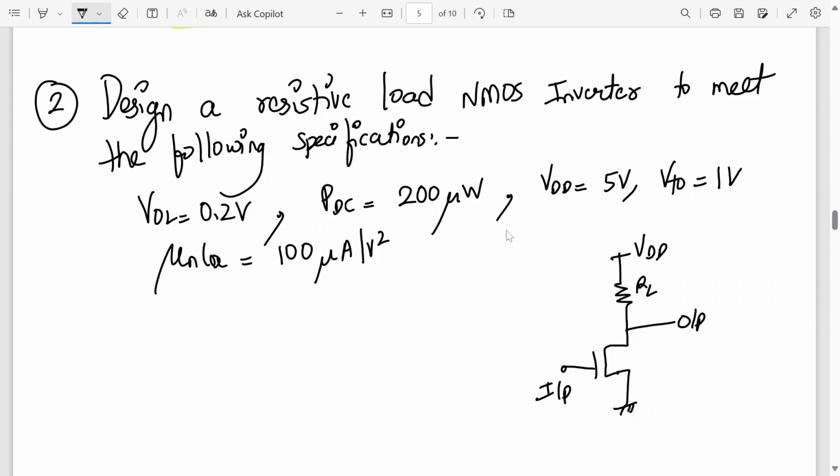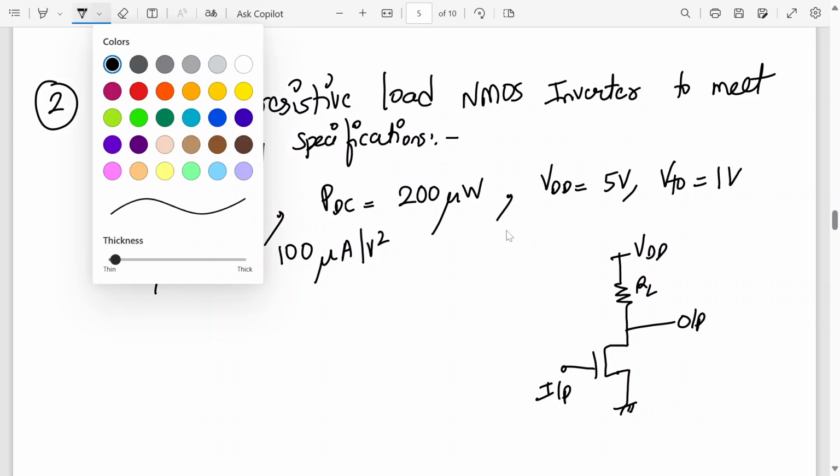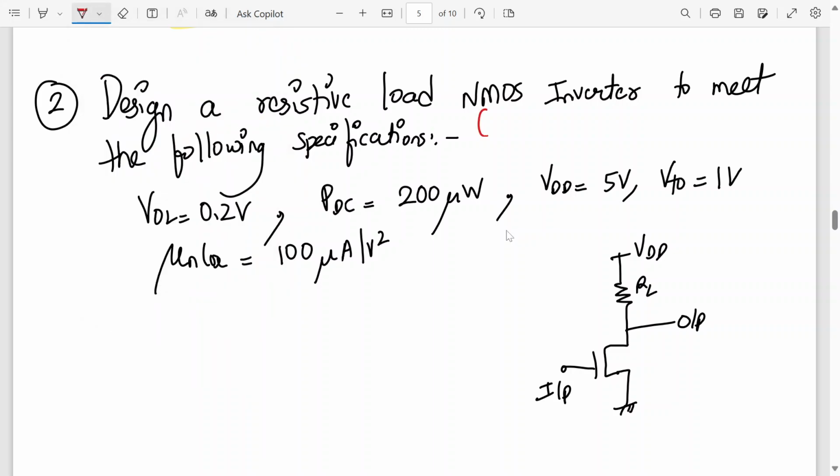Design means finding the unknown values. Finding the unknown values of RL, then we have to find the W/L ratio for the inverter, for the NMOS driver. So this is the NMOS driver. We need to find the unknown value of RL and the W/L ratio of the inverter.